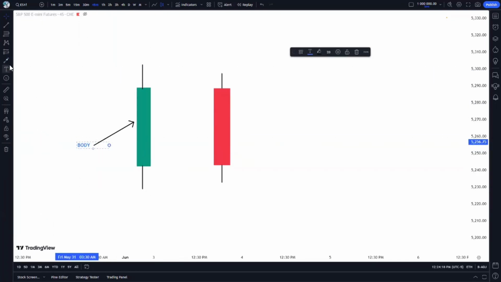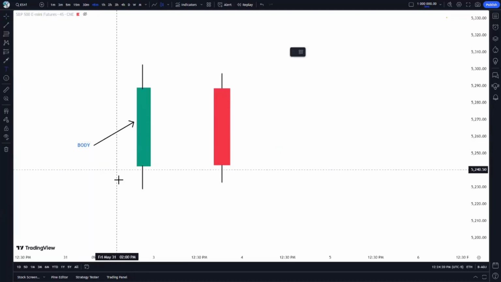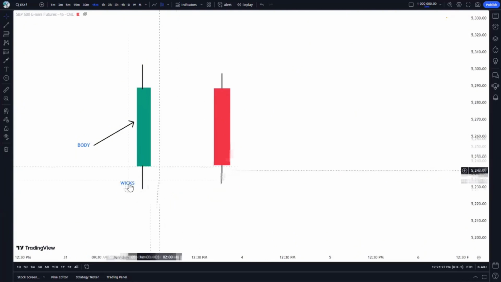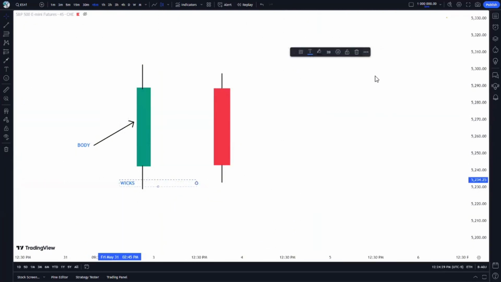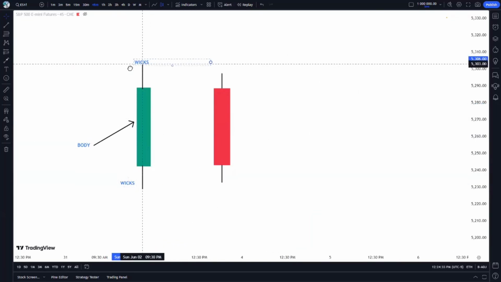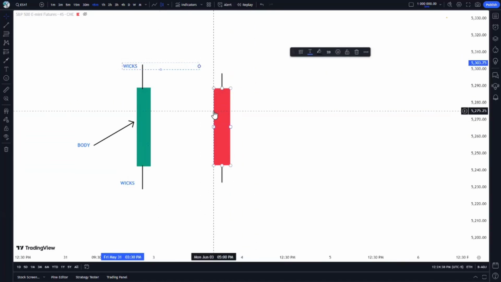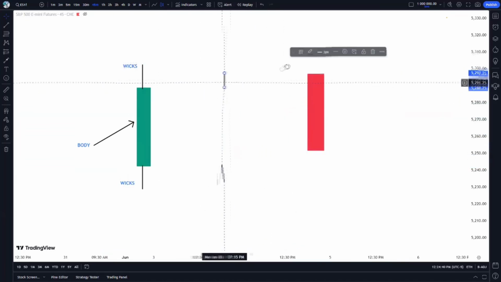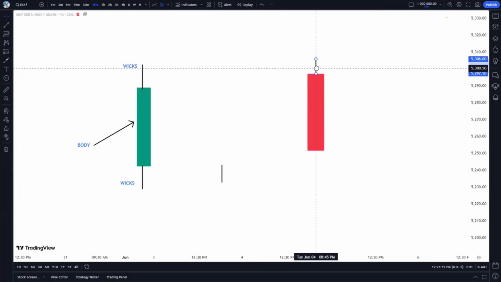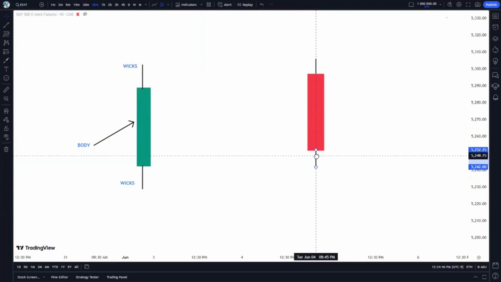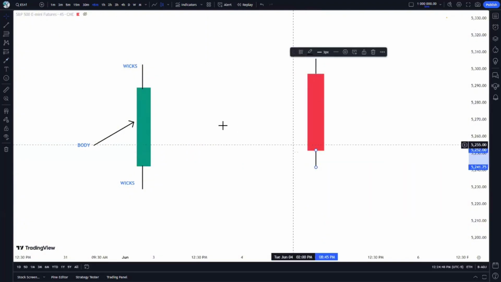These are called the wicks. And these are usually found at the top and the bottom of candles. You see wicks, body, and the wicks. There are more things we have to identify on the candlesticks, but those are the two main parts, because we'll be focusing mostly on those.